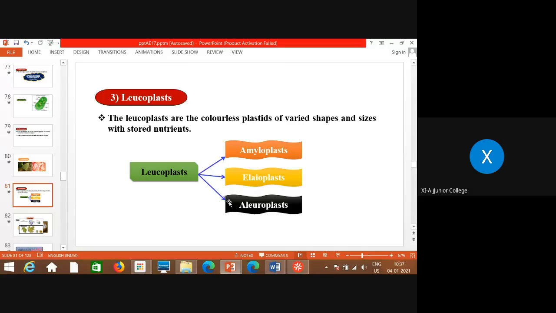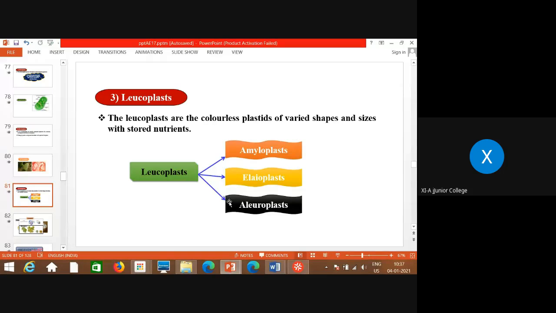So they are colorless plastids, but their number, size and shape vary. With the type of nutrient stored in them, they are known as amyloplasts, elaioplasts and aleuroplasts.